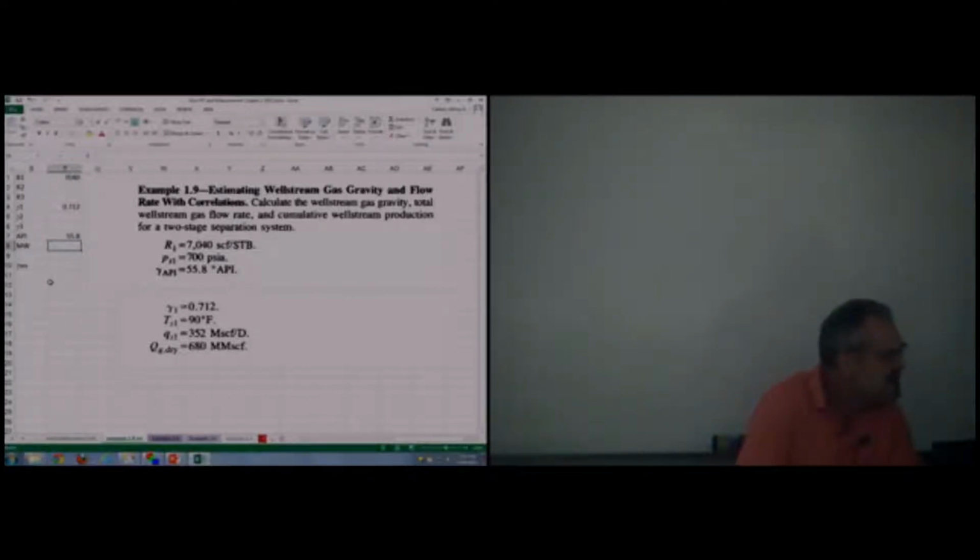Now, we now have some new additional information. See, we don't know R2 and R3. Typically, you don't know them. You don't know the gravity of 2 and 3. Typically, you don't know. But you do know the temperature of the separator first stage.